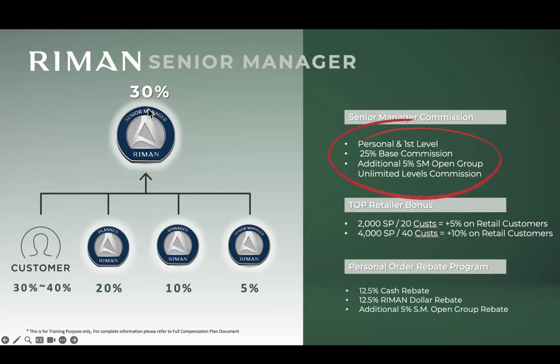So in the beginning, you are entitled to 30%, and whatever you buy or sell to the customer, you're getting the full 30%. Now, if I bring in a brand new planner, let's just say my friend Art joined as a planner, a brand new planner is entitled to 10%. A senior manager is 30%.